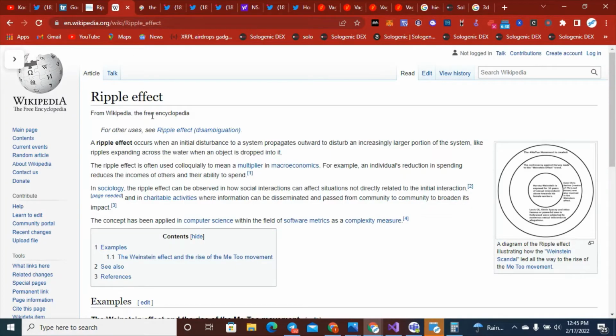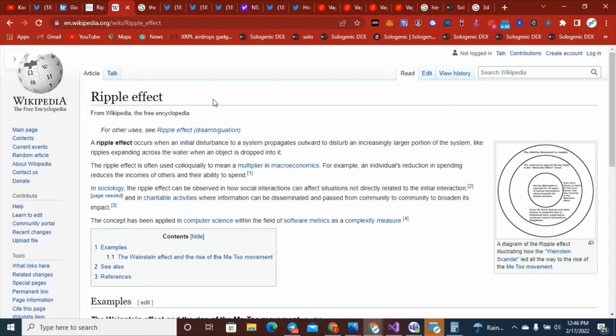And it is the ripple effect. A ripple effect occurs when an initial disturbance to a system propagates outward to disturb an increasingly larger portion of the system, like the ripples expanding across the water and the objects it is dropped into.